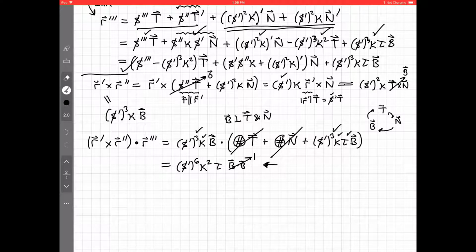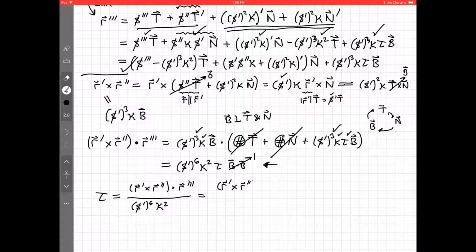In fact, let's solve and find out what tau is. Tau should be r prime cross r double prime dotted with r triple prime divided by s prime to the 6th kappa squared. All right, well, let's unfold what this is. We have r prime cross r double prime dotted with r triple prime.